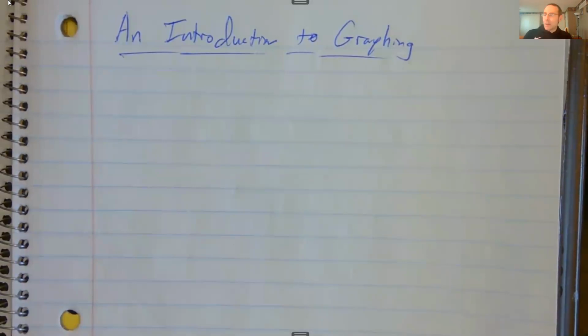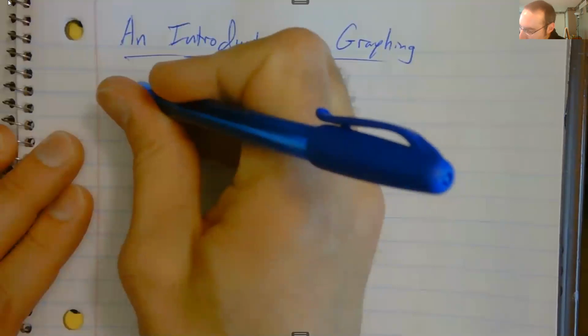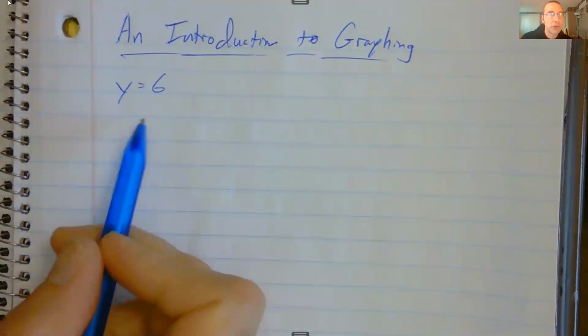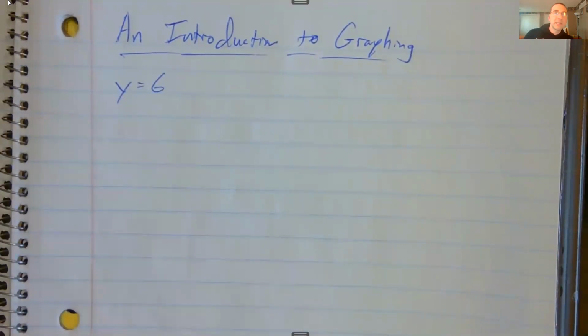Okay, so I'm going to start with something relatively simple, and I want to just talk about the equation y equals 6. What a graph does is it gives us a physical picture of all the points that will make this a true statement. So I'm just going to list off a few points that make this true.